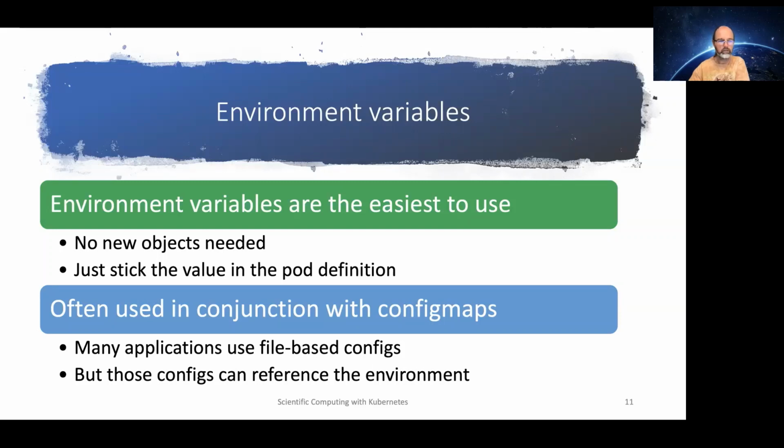So they are very easy to use, and they're often used in conjunction with config maps. So you have complex logic in config maps, and you steer it by adding environment variables at runtime.